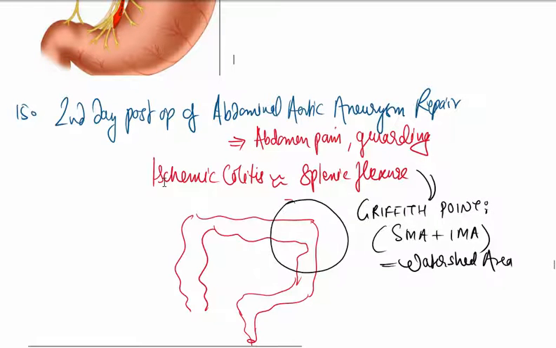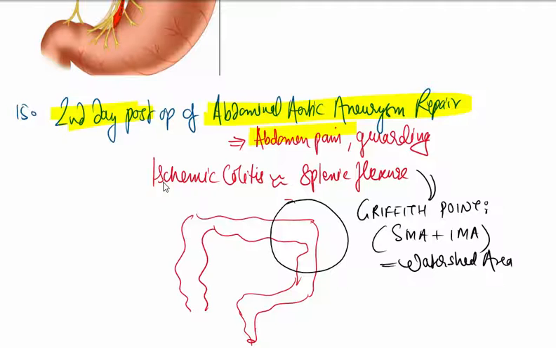One clinical vignette says an adult male underwent abdominal aortic aneurysm repair surgery, and on the second day after the operation, the patient has acute pain and guarding is present.